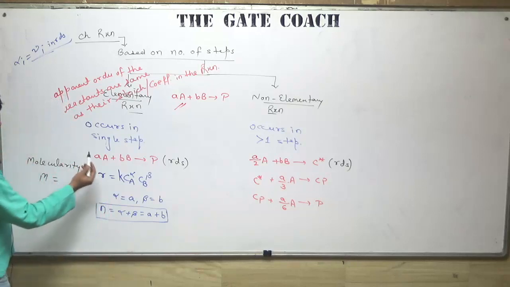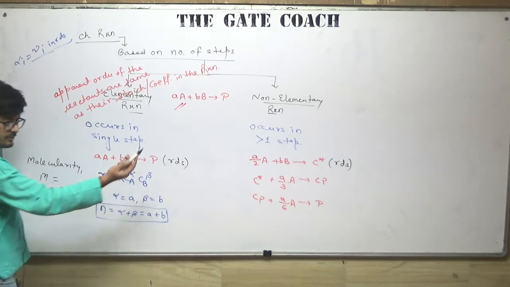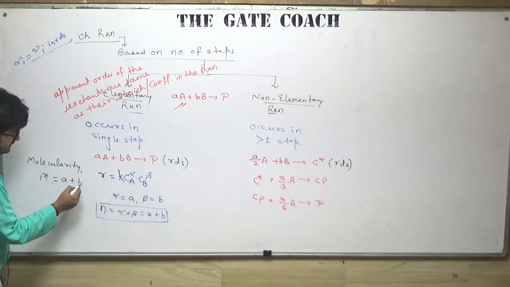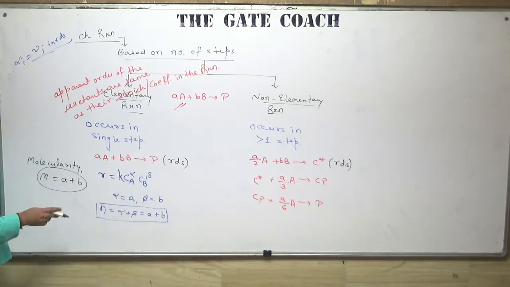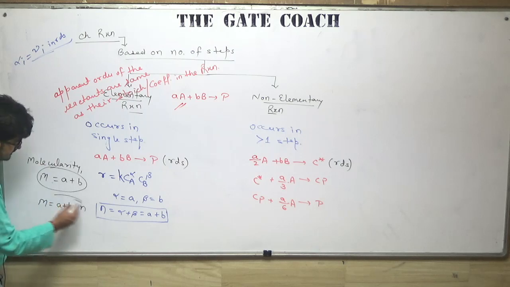Molecularity will be A plus B, as we can see that A units of A react with B units of B to give product. So molecularity will be A plus B. It means for an elementary reaction the molecularity and the order of reaction are the same.